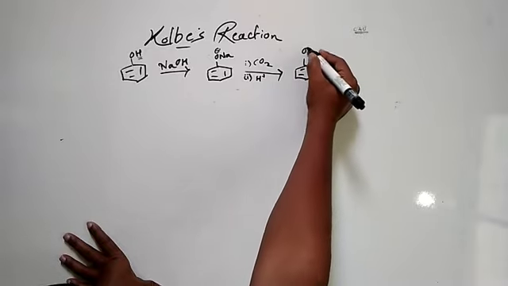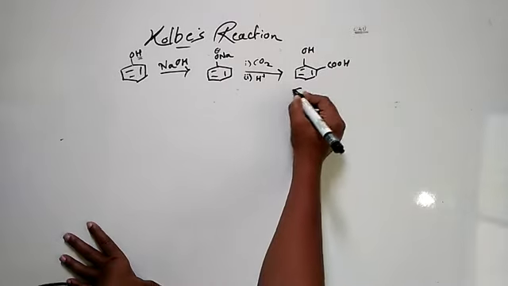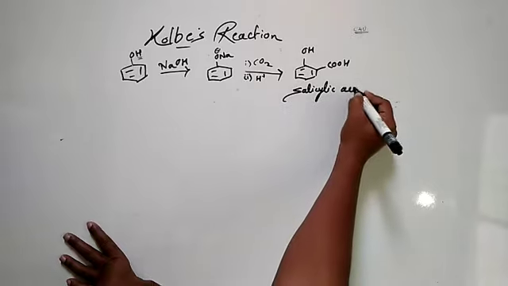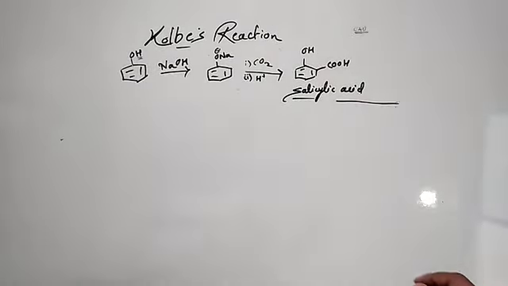I guess you know the name of this compound. This is a very important compound in organic chemistry, nothing but salicylic acid. That simple is the preparation of salicylic acid from phenol.